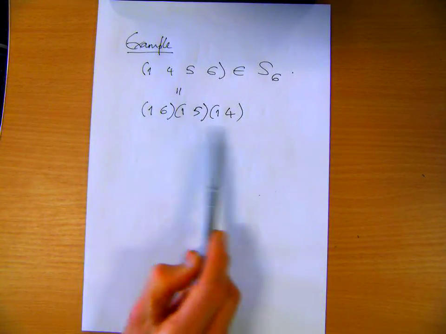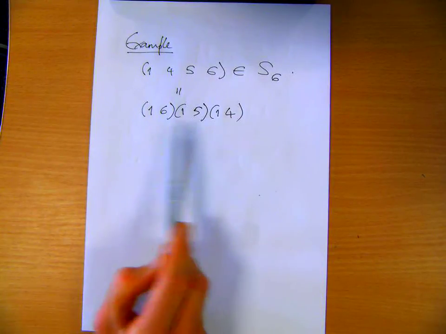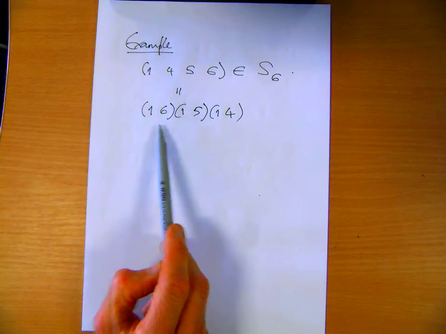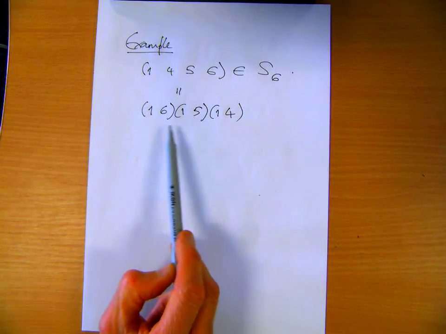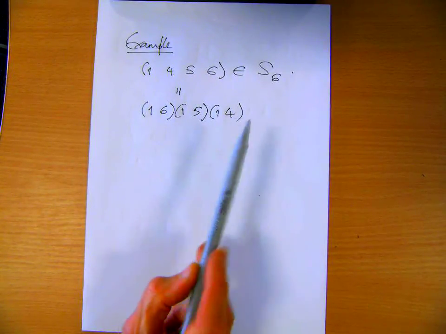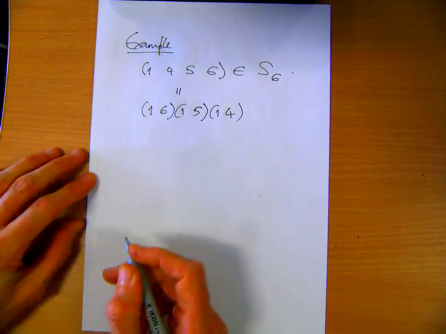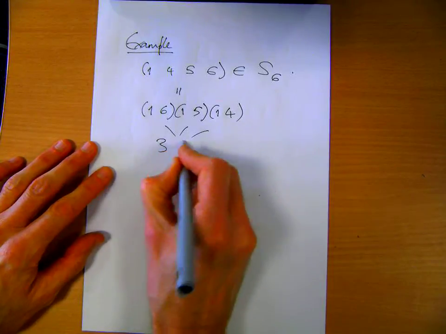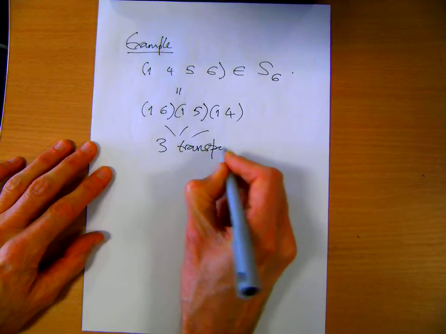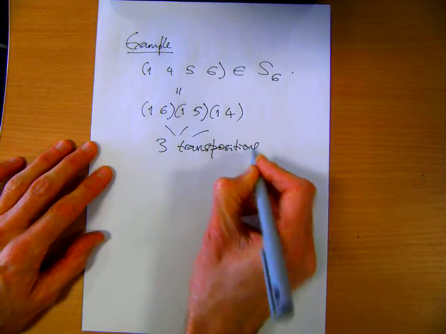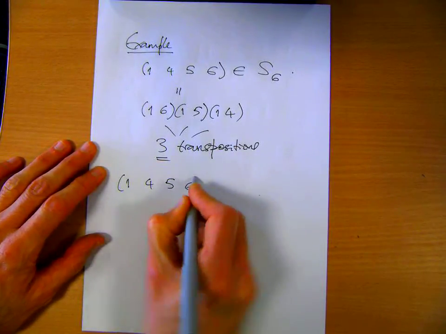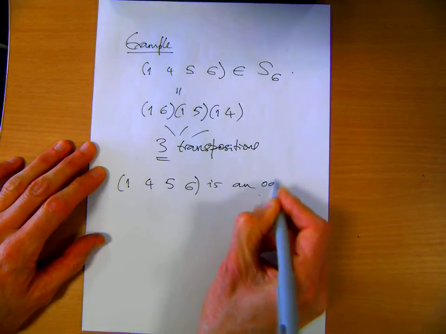Here I've written it as a product of 3. In fact, 3 will be the smallest number you could use. Any other decomposition as a product of transpositions will have an odd number of transpositions. So this is an odd permutation. So 3 transpositions, and 3 is odd. So (1 4 5 6) is an odd permutation.